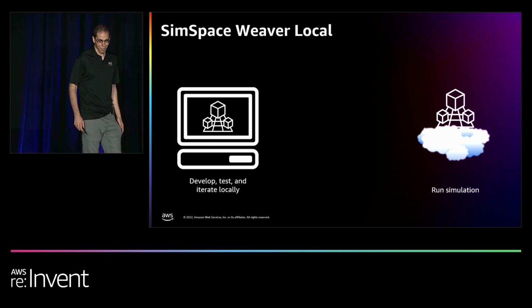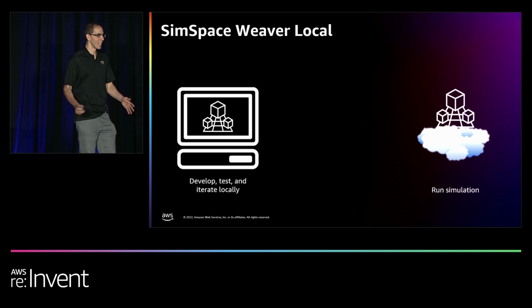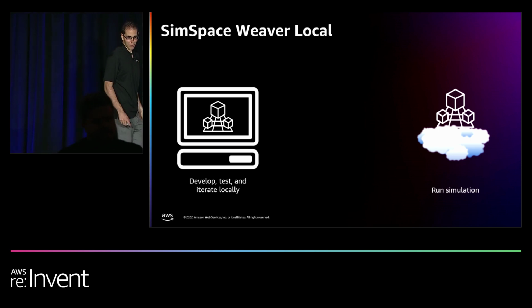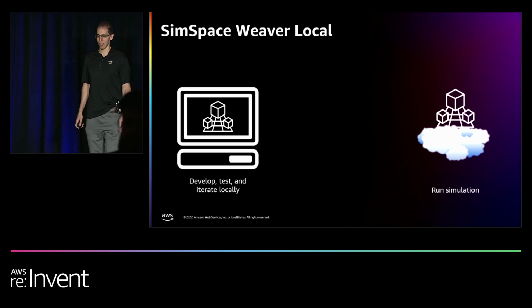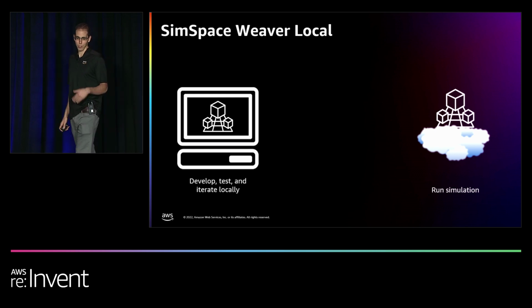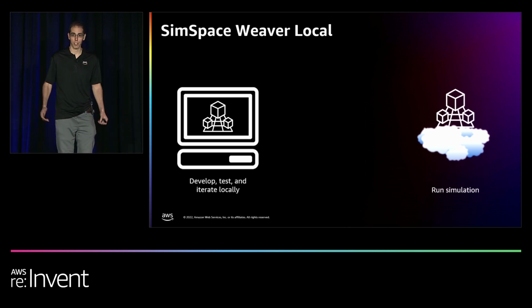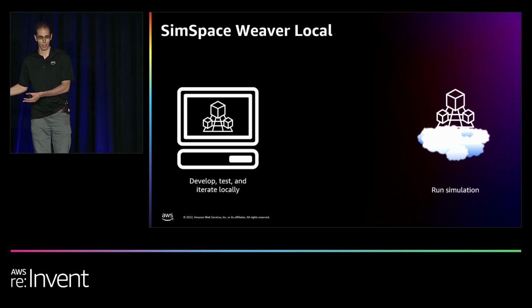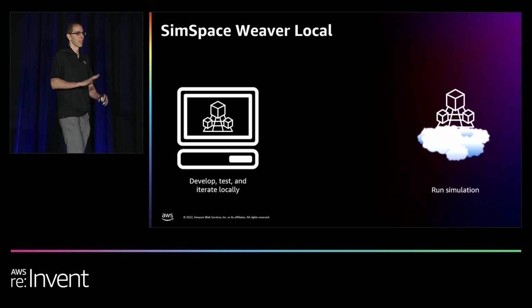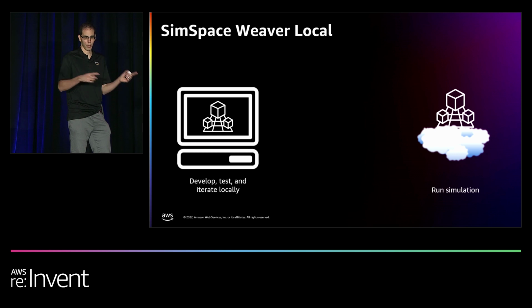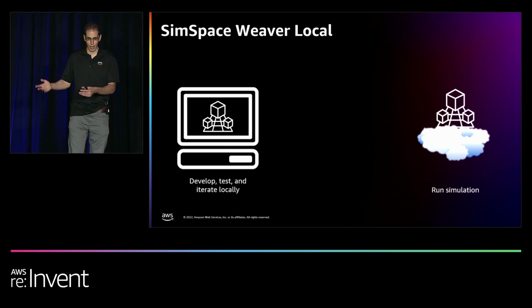Speaking of these tools, we've seen how we've been really leaning in on the 3D engines to bring these virtual worlds to life. What customers don't want to do, however, is go through all the work of integrating SimSpace Weaver with the engines just to get started building simulations. After all, the entire premise of the service is to let you spend more time coding and building content and less time worrying about the infrastructure and the connections.